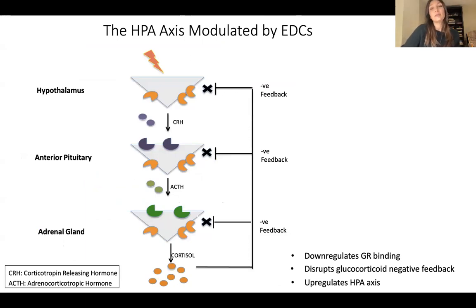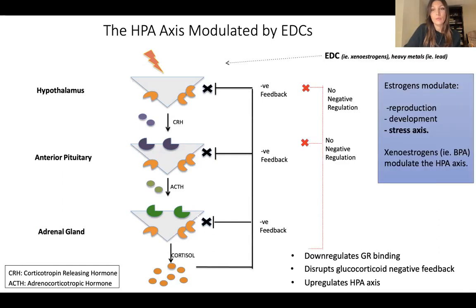So let's get back to this diagram again. So the HPA axis, but this time let's see how these endocrine disrupting chemicals can impact the way that this axis works. So we remember with normal feedback loops, the axis will be turned off when it's no longer needed to be activated. However, when we're exposed to xenoestrogens, so for example, something like BPA, something like heavy metals like lead, this will impact the glucocorticoid receptor levels and amounts.